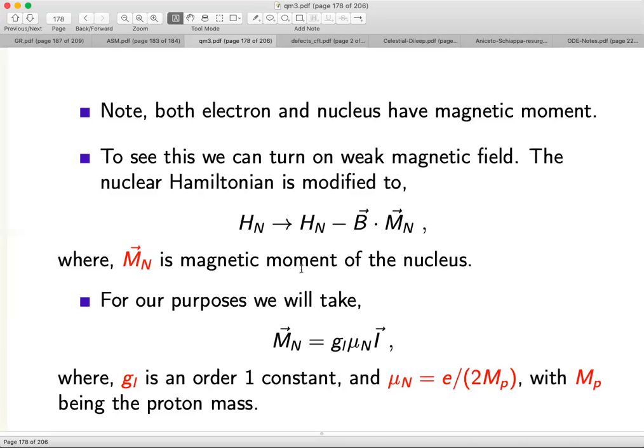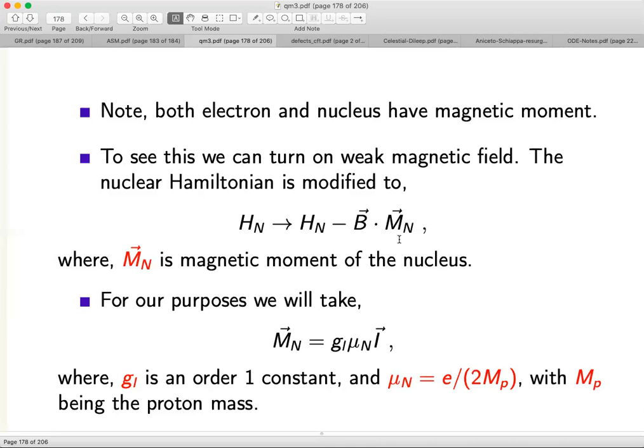Now of course, what happens is that the nuclear Hamiltonian would be shifted by the external magnetic field times its magnetic moment. If the nucleus did not have a magnetic moment, then it would not have affected the spectrum. So what you do is turn it on and check whether the spectrum changes, and indeed, generically you find that the spectrum does change, and therefore, based on that, you assign a magnetic moment to a nucleus.